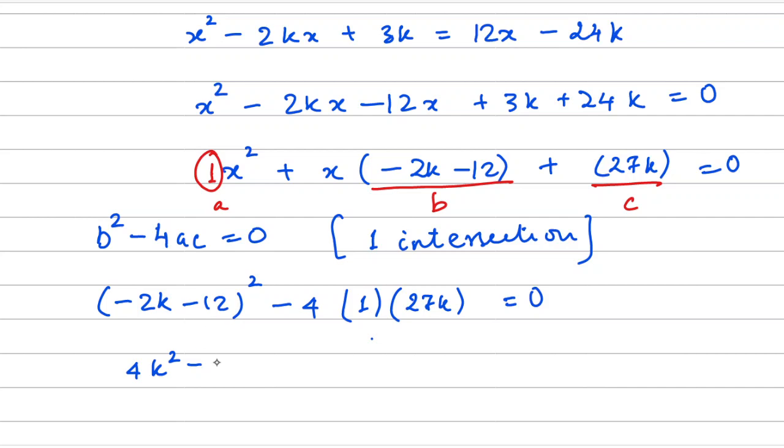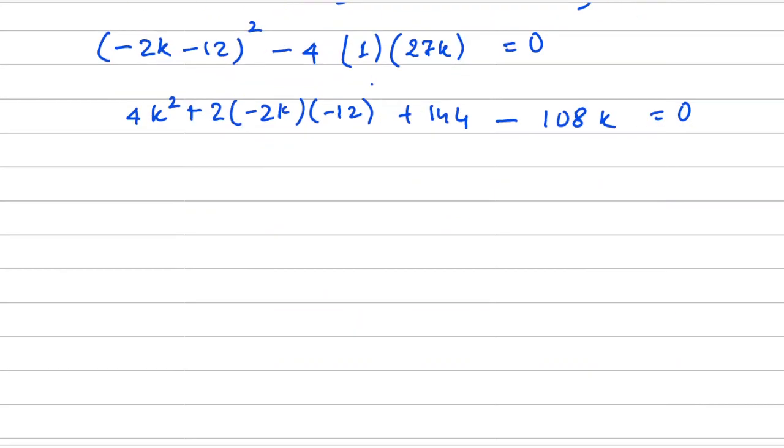This is minus 2 times negative 2 plus 2 times negative 2k times negative 12 plus 144 minus 108k is equal to 0. So we can expand that middle term again. So we'll be getting 4k square, this is 24 and 48, 48k plus 144 minus 108k is equal to 0.